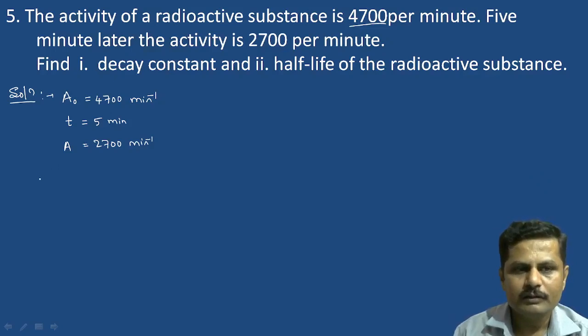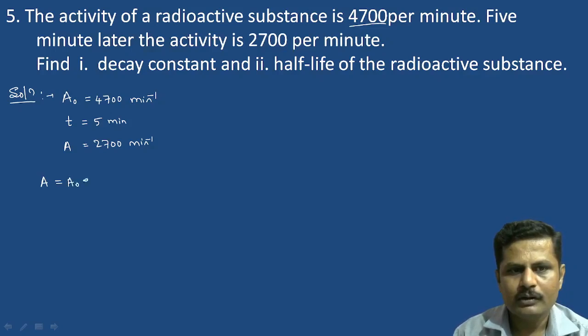As we all know, A equals A naught e to the power of minus lambda t. So let us see the first one.